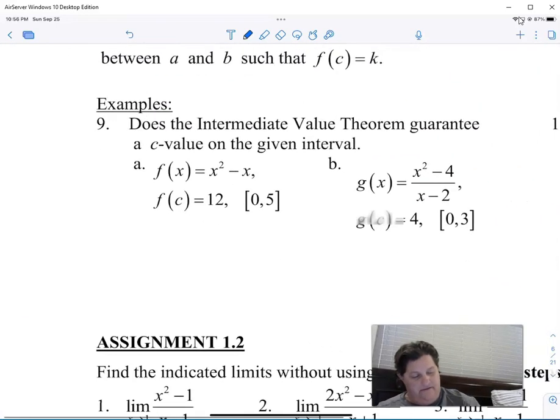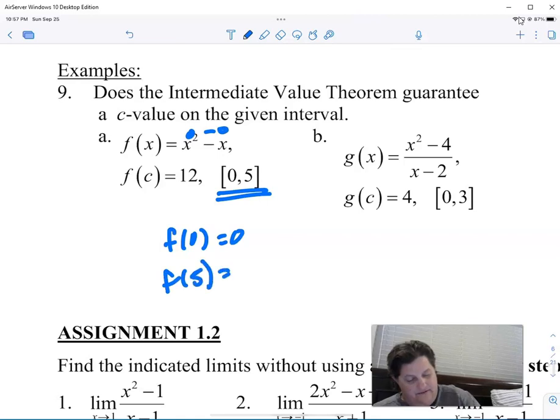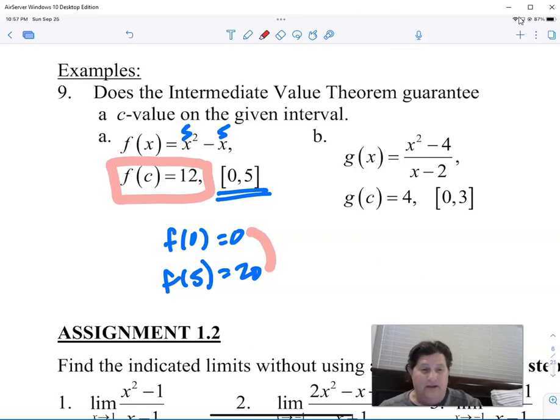Does the intermediate value theorem guarantee this? Okay. Look, f of 0, if I plug that in, is 0. f of 5, if I plug that in, 25 minus 5 is 20. Okay, so we have to check 2 things. Is 12 between 0 and 20?